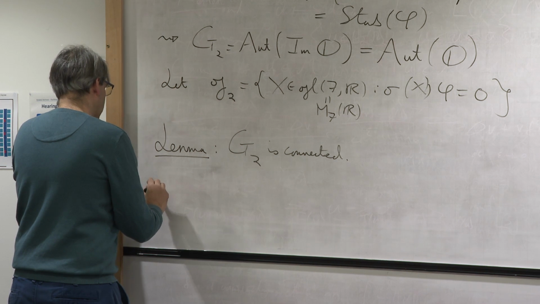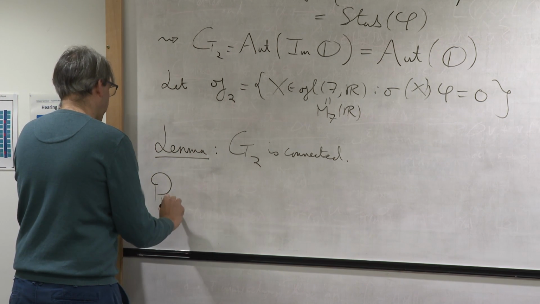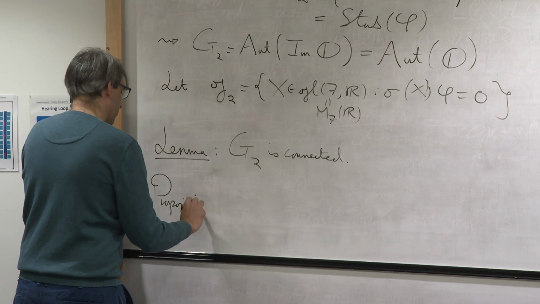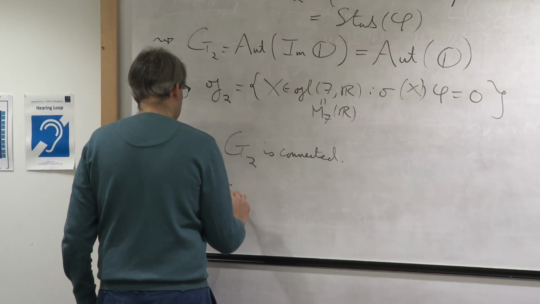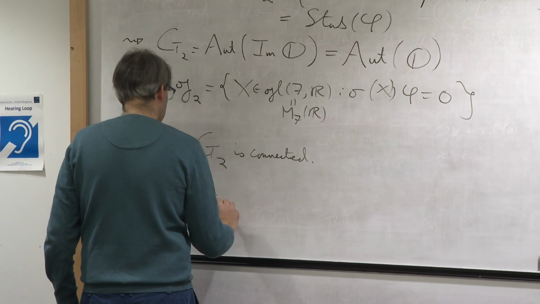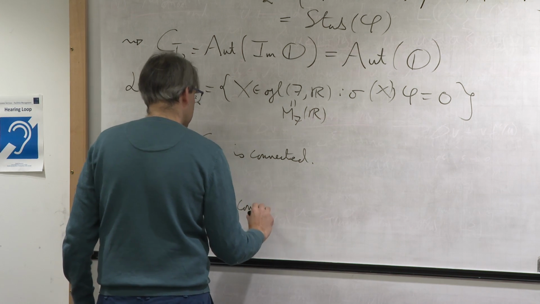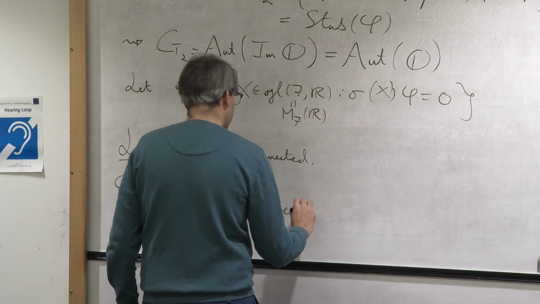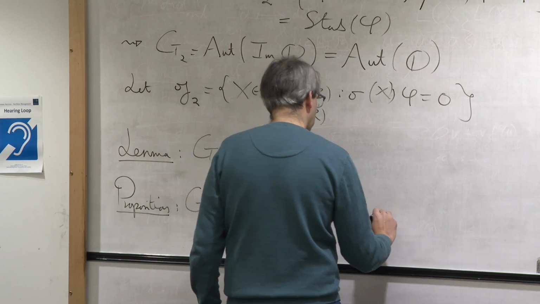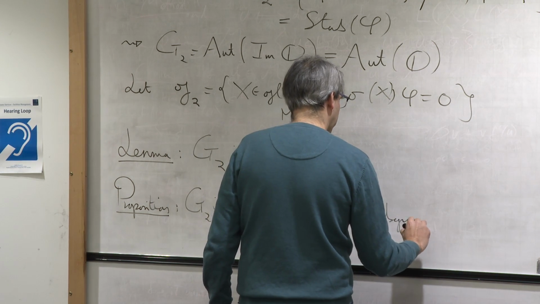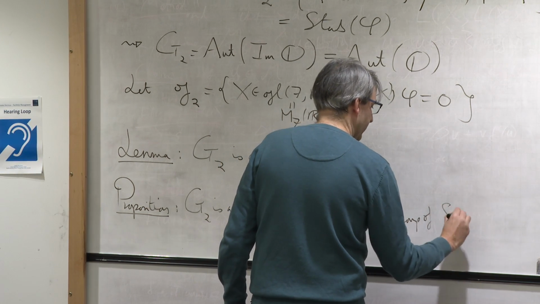But now I can prove the following proposition, which is that G2 is a compact embedded subgroup of SO7.